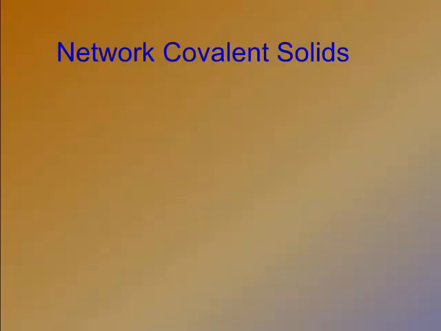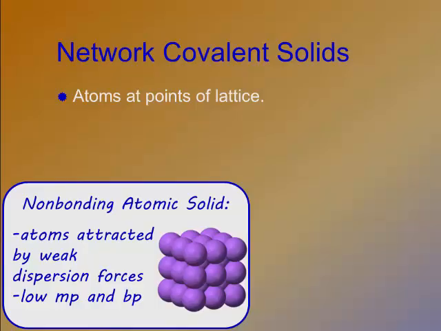Like non-bonding atomic solids, network covalent solids also have atoms at the lattice points. But there's a significant difference with major implications between these two types of solids. In a non-bonding atomic solid, the atoms are attracted to one another by weak dispersion forces.